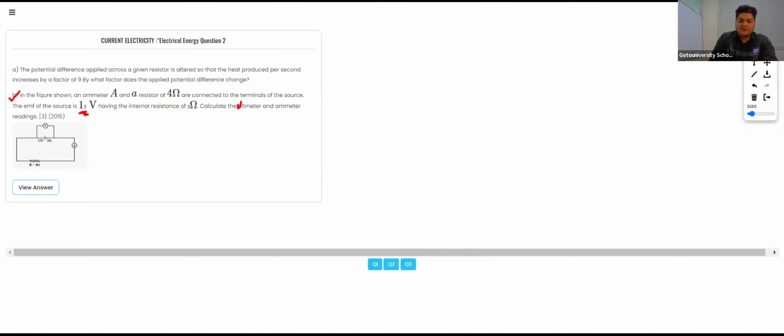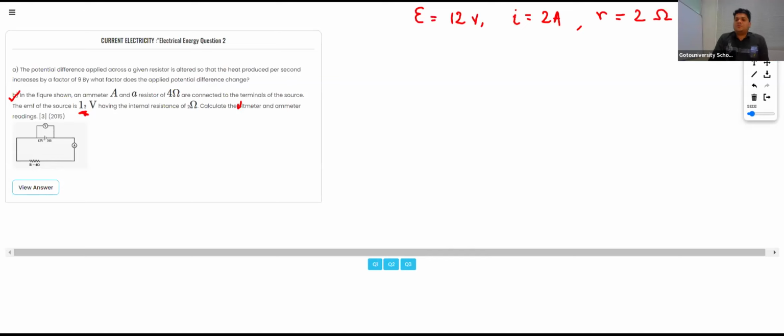See what we have in this case. EMF is 12 volt. Current is 2 ampere. Small r is 2 ohm.